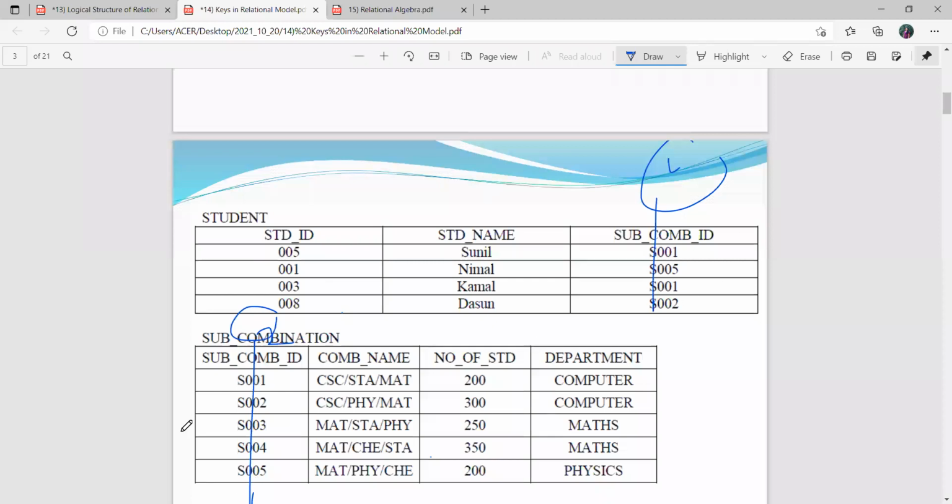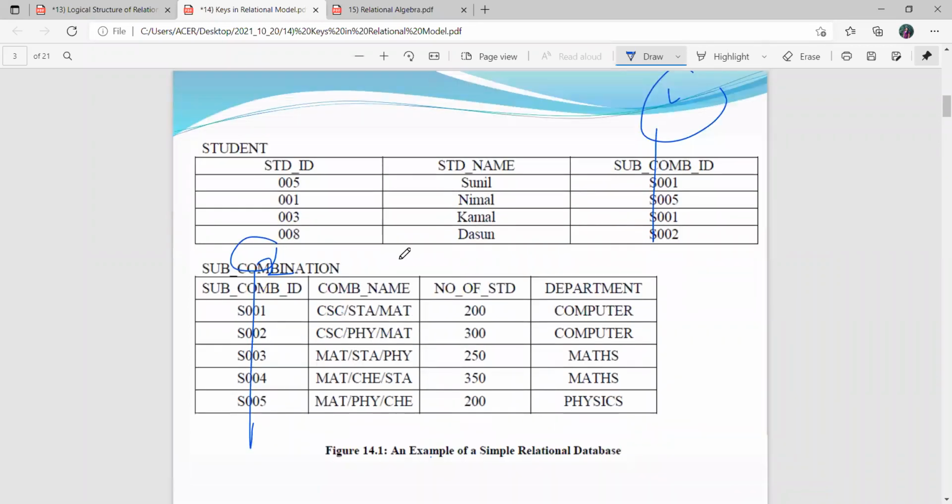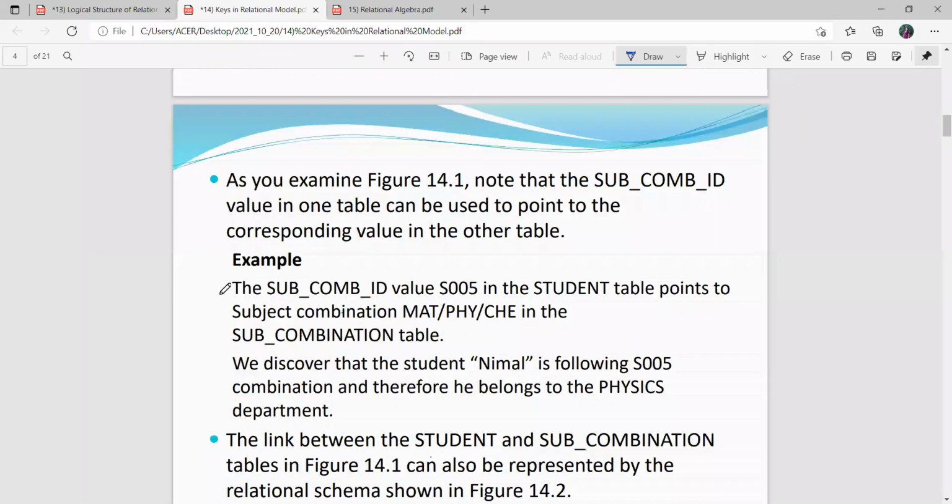So with the same attribute in two tables, we are not going to combine them into one table. We are going to create a link between these two tables.